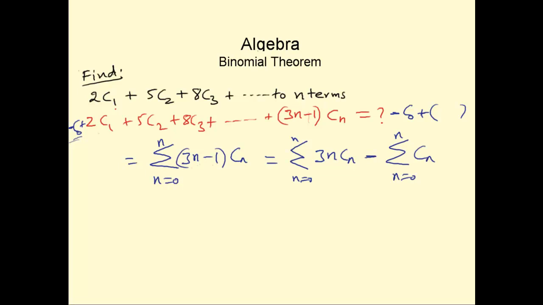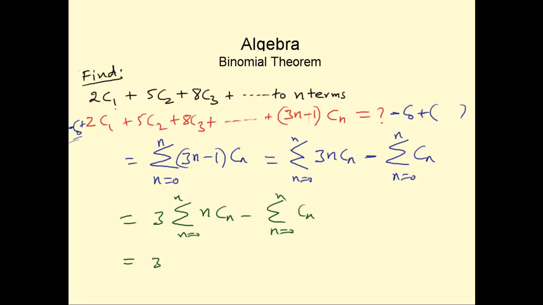So you can write this down as equal to, 3 is a constant, so 3 comes out. So you have 3 times sigma n cn, where n is equal to 0 to n, minus sigma n is equal to 0 to n cn. So what is sigma n cn?